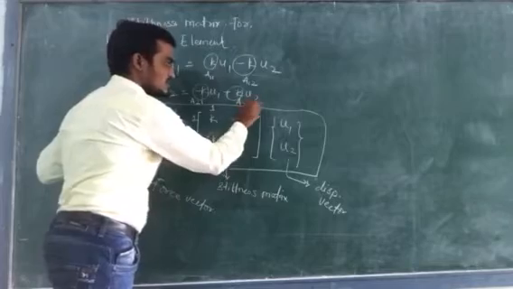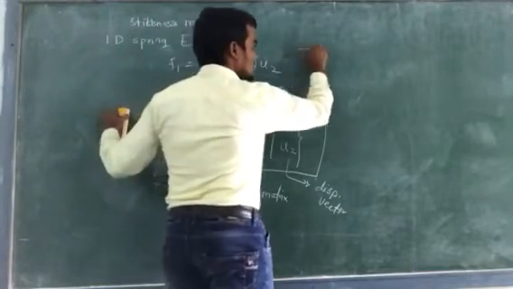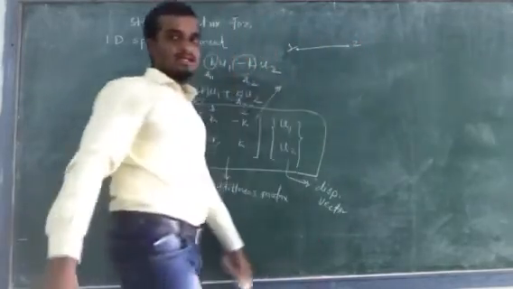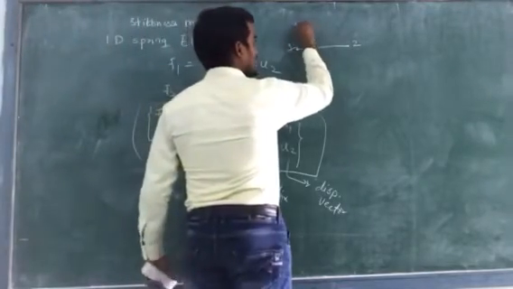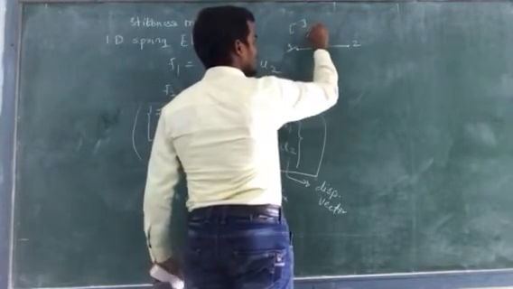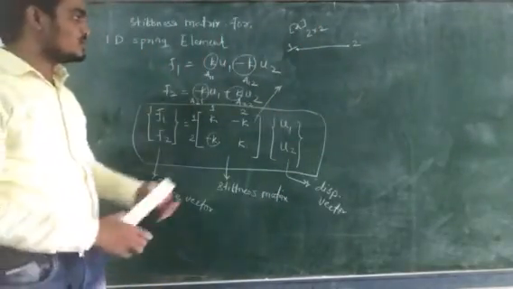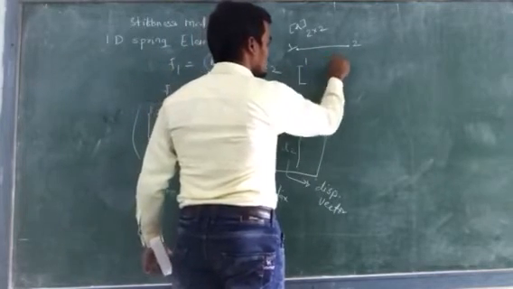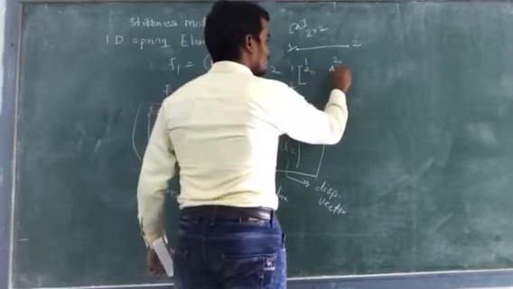So if there are only two elements, 1 and 2, then the matrix will become of order 2 by 2, and the elemental positions are between 1 and 2, like A11, A12.